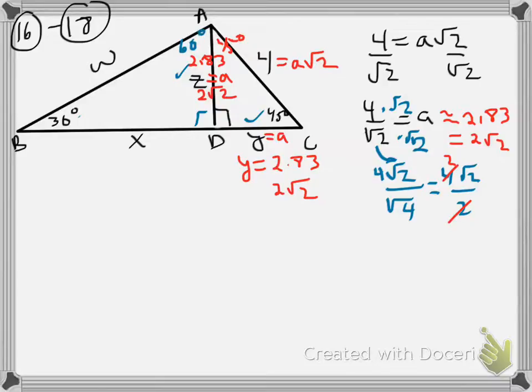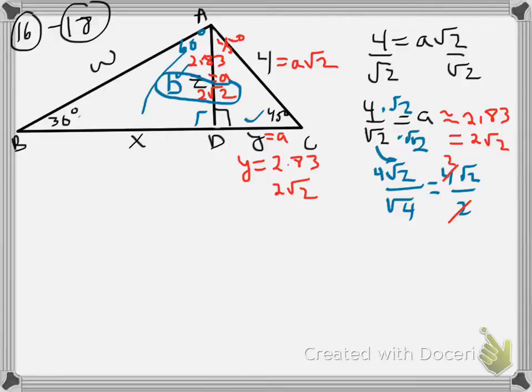And so we can use our 30, 60, 90 rule. Now, I've already used A, so I'm going to do it in B, and I'm going to write in blue here. So across from 30 is Z, which is 2 root 2. So I'm going to call that B is 2 root 2.